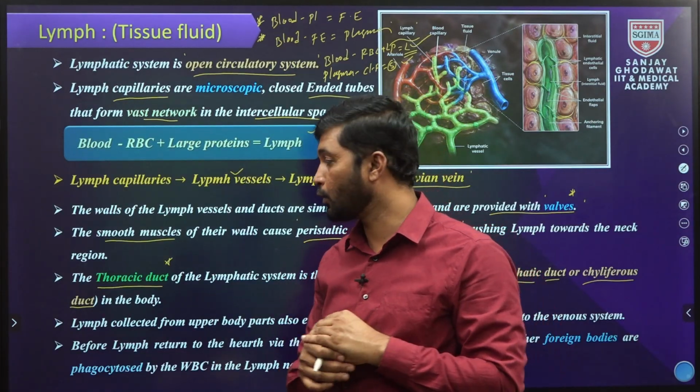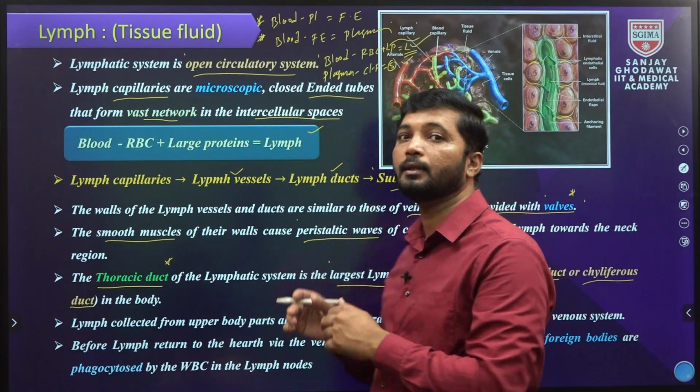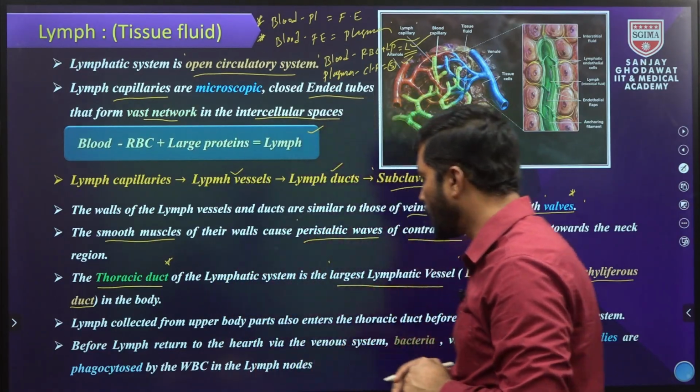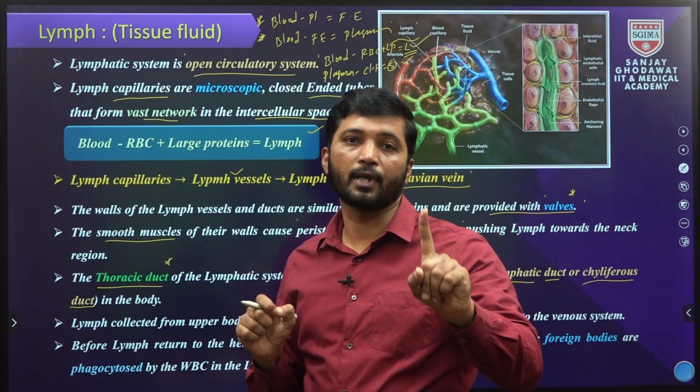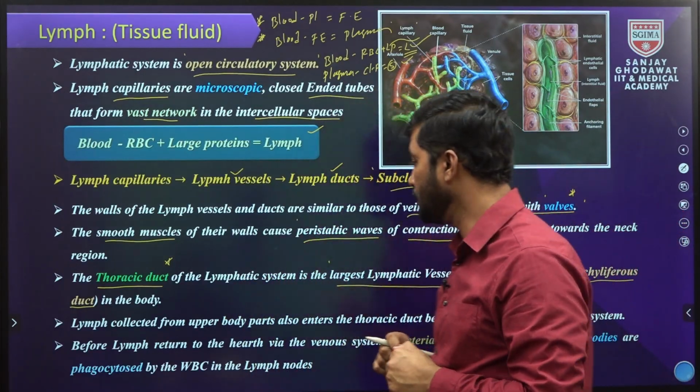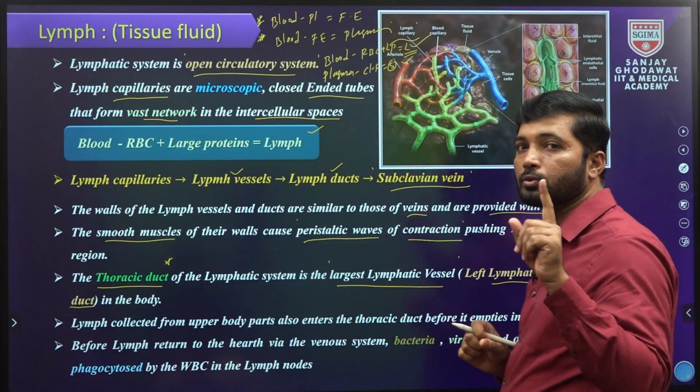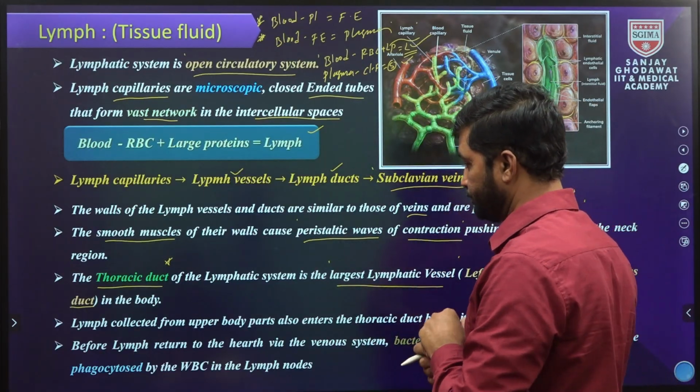These chylomicrons are transported by the lymphatic system. Hence the thoracic duct is also called the chyliferous duct. That is the reason.